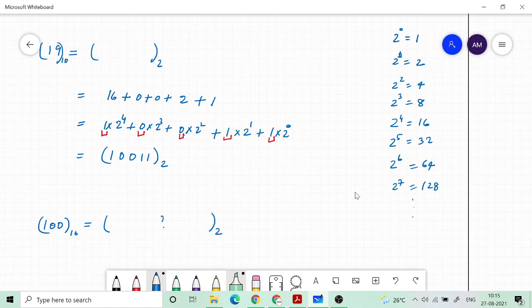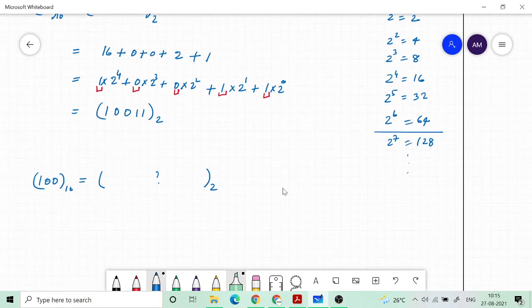We don't need 128 or larger powers of 2. We can just limit here, because our number is 100, and you need to write it as a sum of 64 plus whatever. Okay, so let's do this.